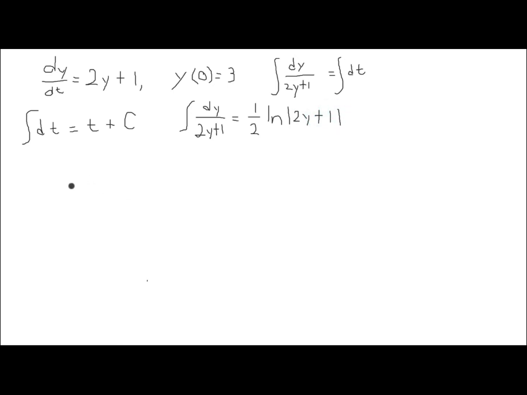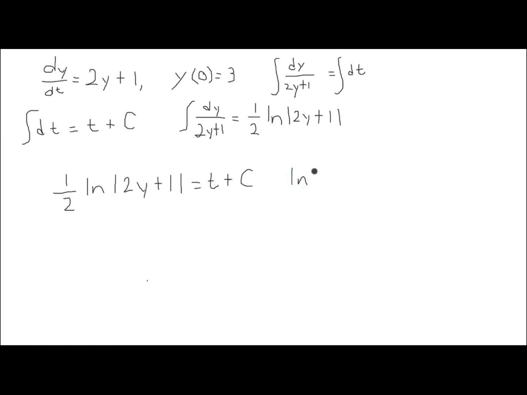So now we can state that 1/2 natural log of 2y plus 1 equals t plus c. Next, all we have to do to get rid of the coefficient of 1/2 is multiply on both sides.